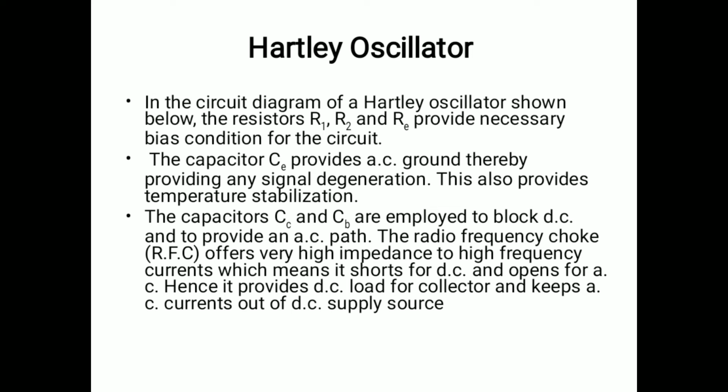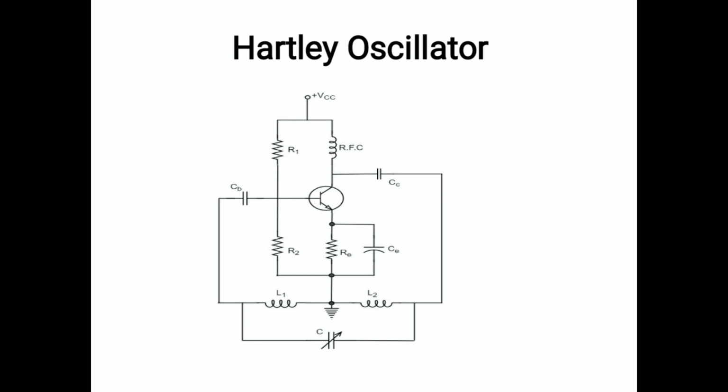The radio frequency coil RFC provides very high impedance to high frequency currents; it is short for DC and open for AC. So it provides DC load for the collector and keeps AC current out of the DC supply source. The circuit of L1, L2 and C is an auto transformer type circuit.